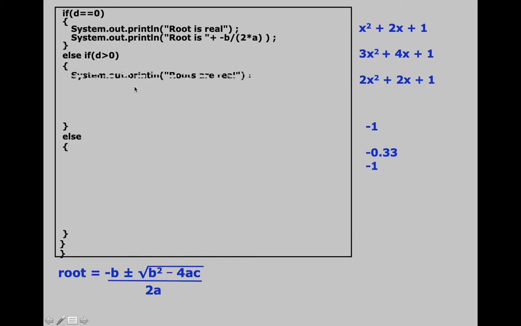So I'll write roots are real. One more small simple thing. See, when D is equal to 0, you get a single root, a unique root. So you write root is real. Pay attention to the word is. But now there are two roots, so you write roots are real.